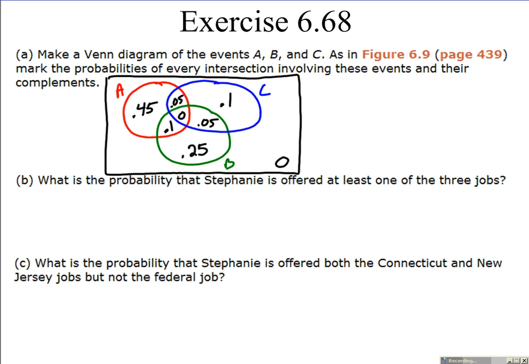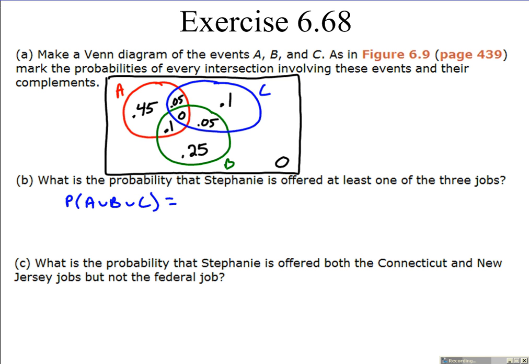Letter B, what is the probability that Stephanie is offered at least one of the 3 jobs? So this is going to be the probability that she gets A or B or C offered to her. Well, an easier way of doing this would be the complement of this event. The complement of being offered at least one is that she is offered none of them.